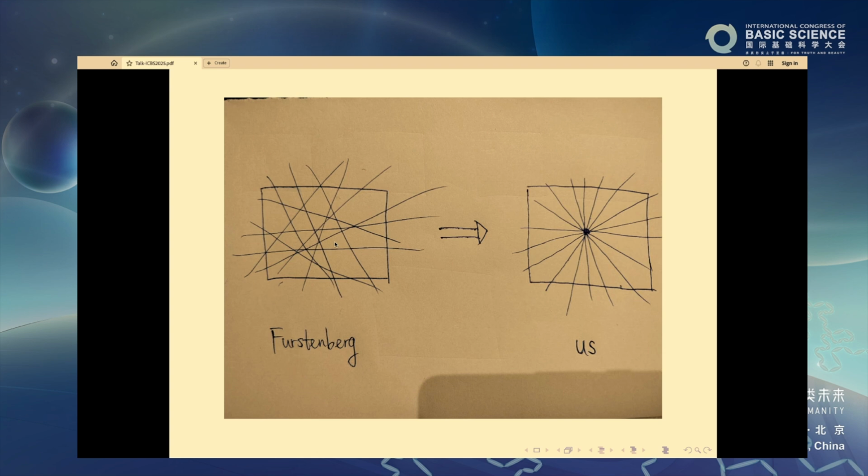Which measure do you take on this system? It's a measure we obtained by taking the limit of certain distributions of certain orbits, so it's an arbitrary ergodic invariant measure.